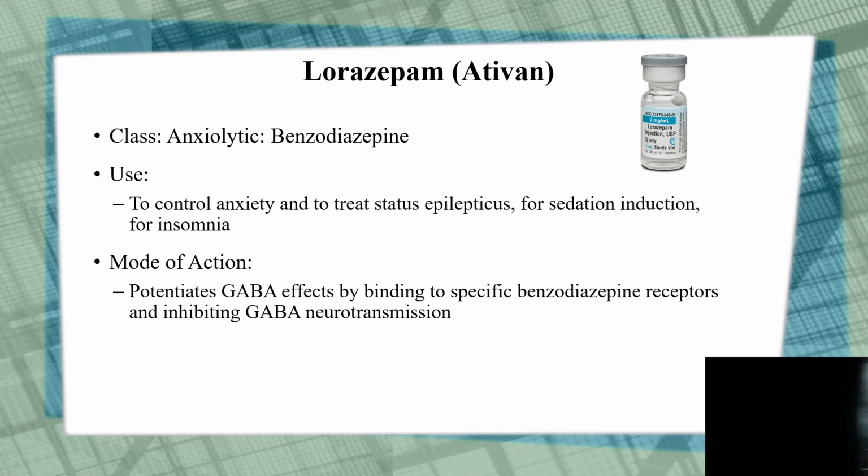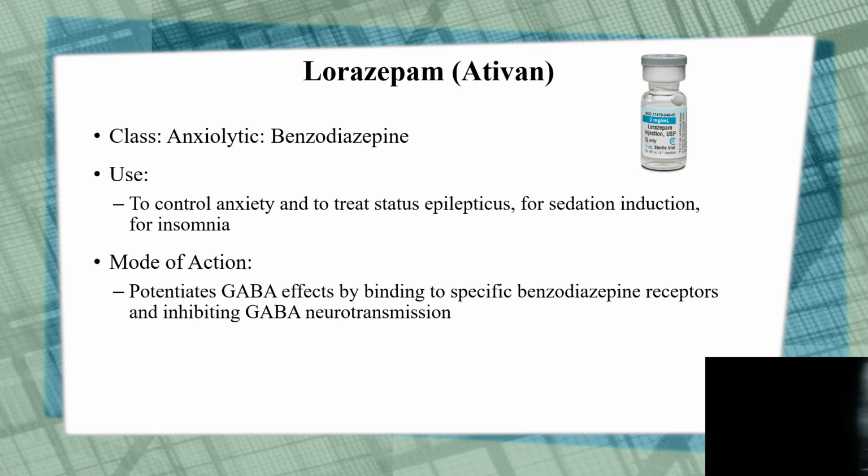It can also be used for insomnia, which is difficulty sleeping. The mode of action is it potentiates GABA effects by binding specifically to the benzodiazepine receptors and inhibiting the GABA neurotransmission.